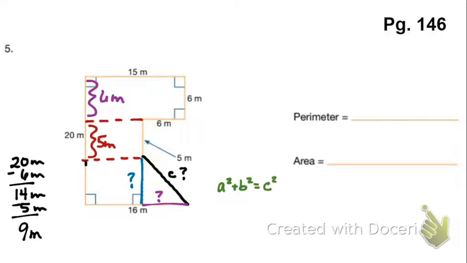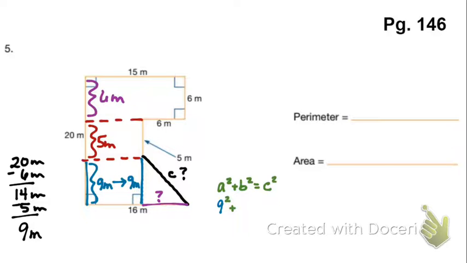So this bit right here is 9 meters. So that's how big this side is. So now I know A. 9 squared plus, how do I figure out the purple one?